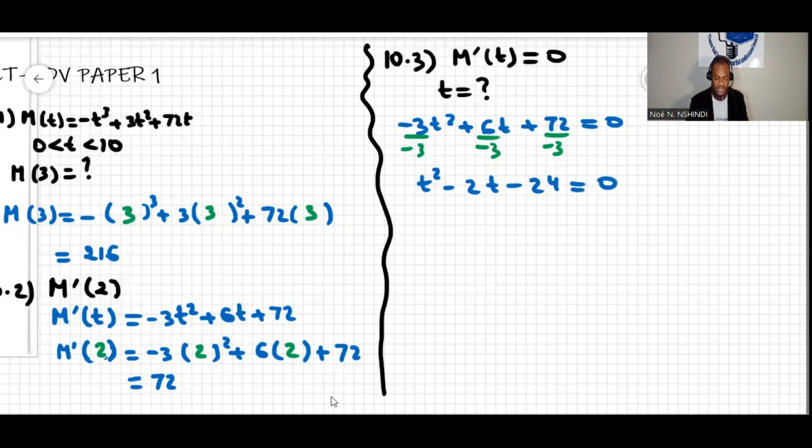Now, if I need to factorize, I'm going to take 24. The factors of 24 are 1 and 24, 2 and 12, 3 and 8, 4 and 6. I meant to write t here, and then t there. I'm going to look at the factors of 24 which will make a sum equal to negative 2 and a product of negative 24.